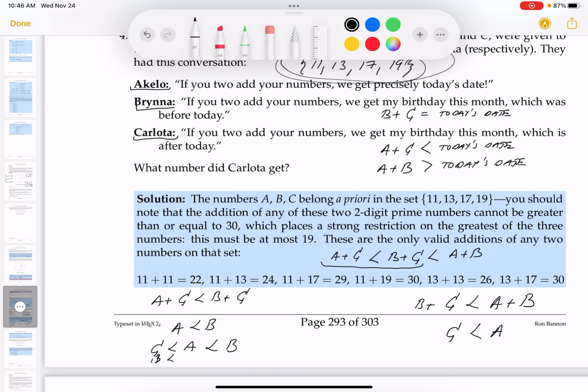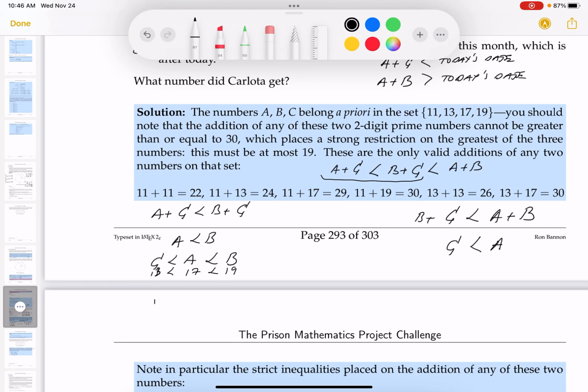So 13, and then A would be 17, and B would be 19. Now, if this doesn't make sense, I know Carlotta would have to be 11. All right, let me see if this makes any sense, though. Let's say Carlotta is 13, A is 17, and B is 19.